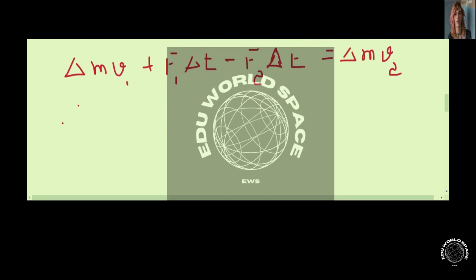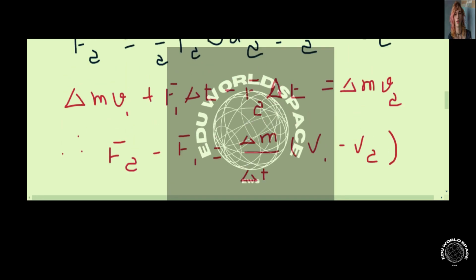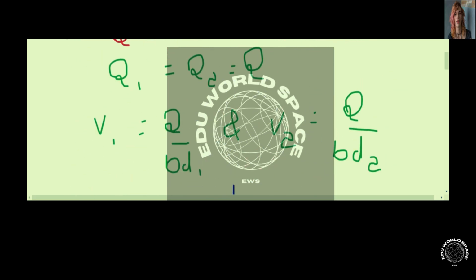further and rearranging all the terms, I will get the final equation F2 minus F1 is equal to delta M upon delta T times V1 minus V2. But we know the V1 value and the V2 value.